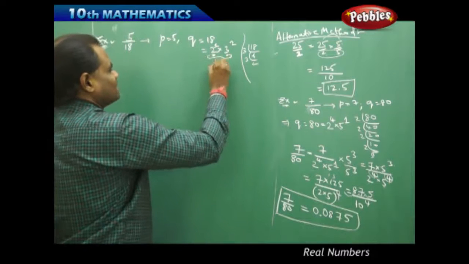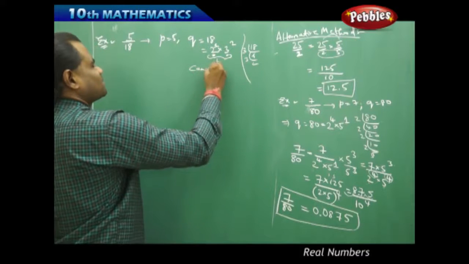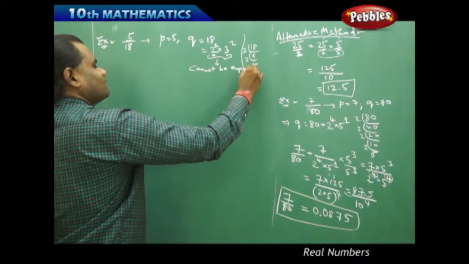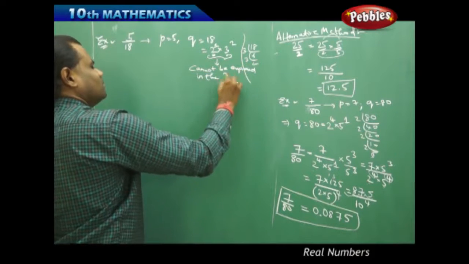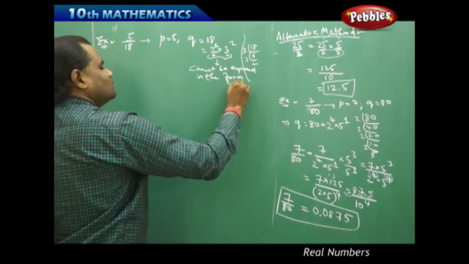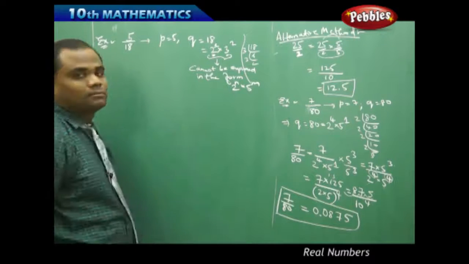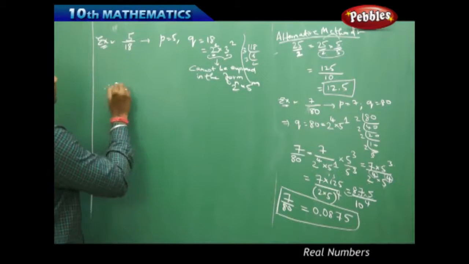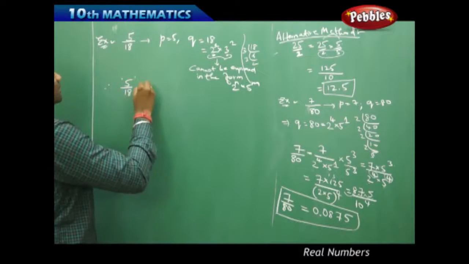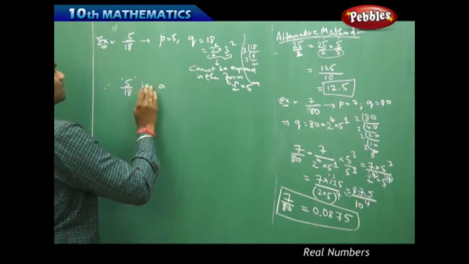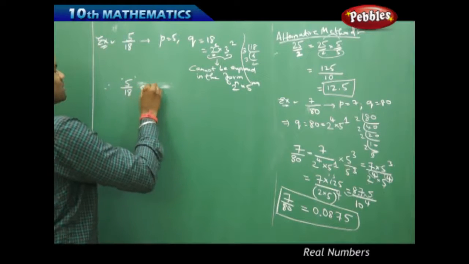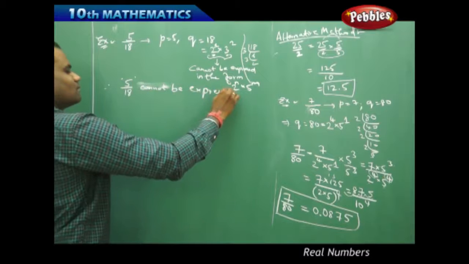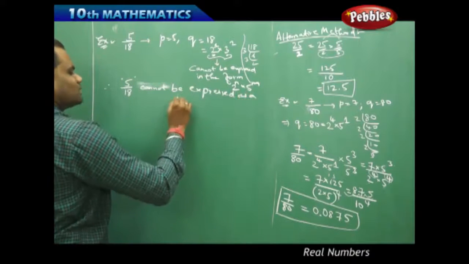But clearly I see that this cannot be expressed in the form 2 power n into 5 power m, because there is no 5 here. So this makes me clearly understand that therefore 5 over 18 cannot be expressed as a terminating decimal.